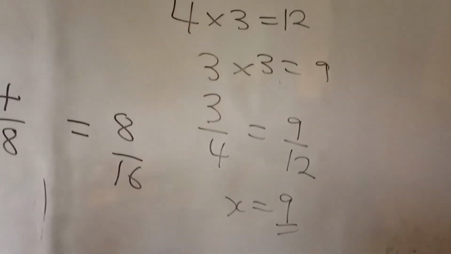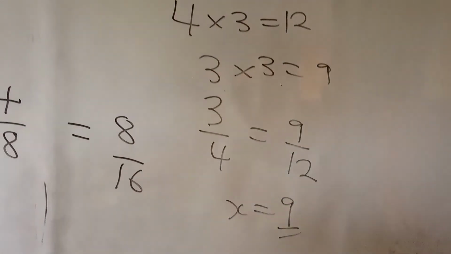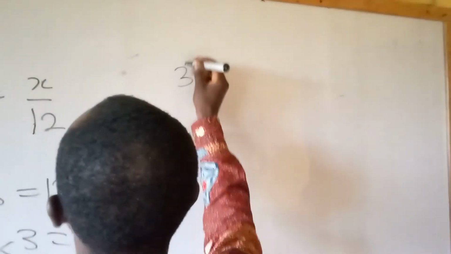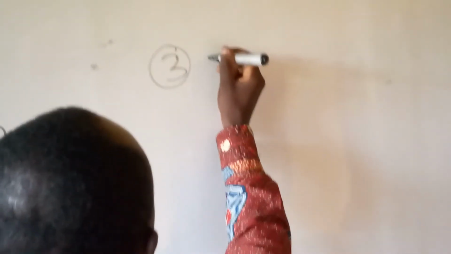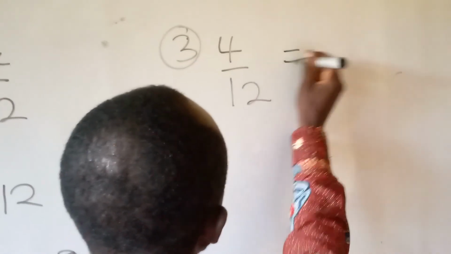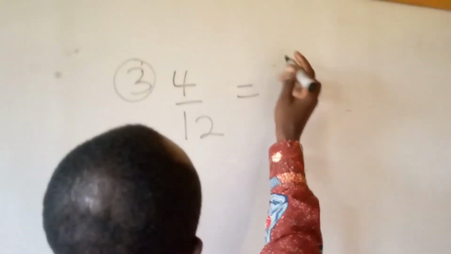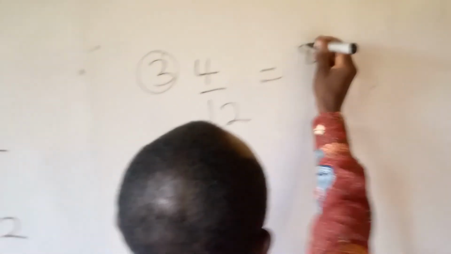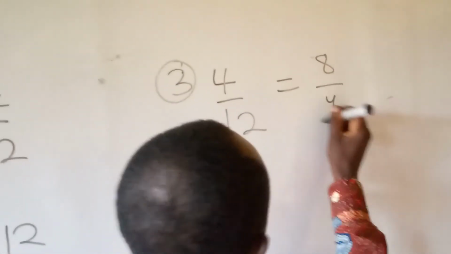Let's take another example. 4 over 12 is equal to 8 over y.